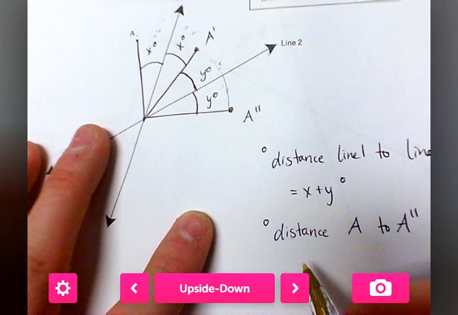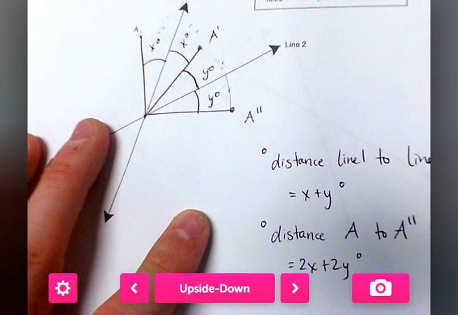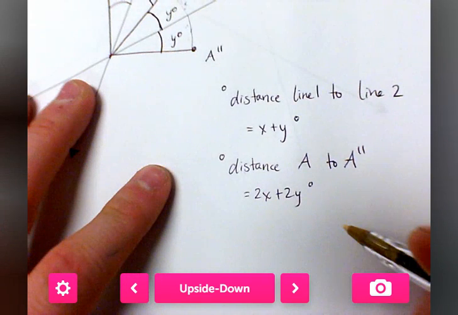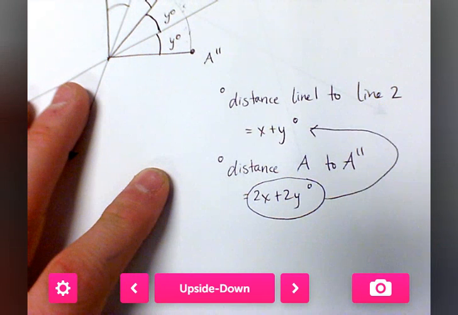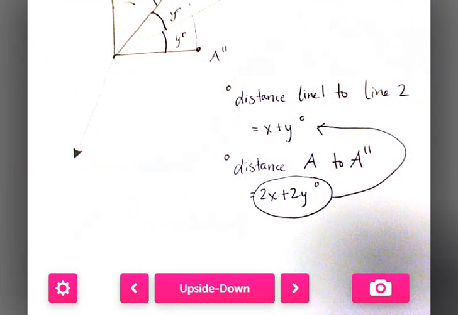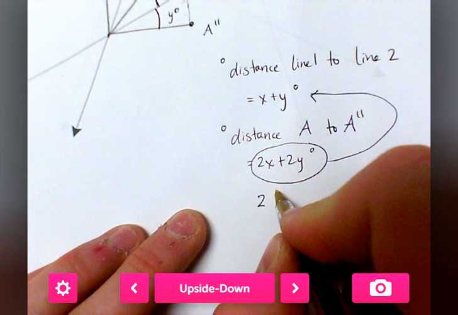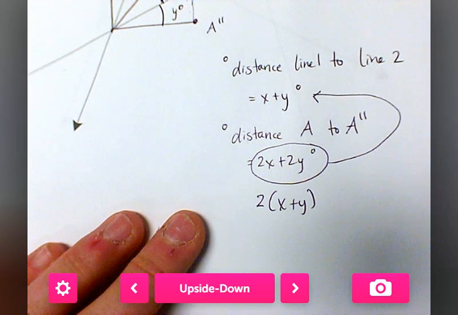So this should be 2x plus 2y degrees. If you look, this is double what this one is. Another way that you could write this is 2 times (x plus y). It's all the same thing.